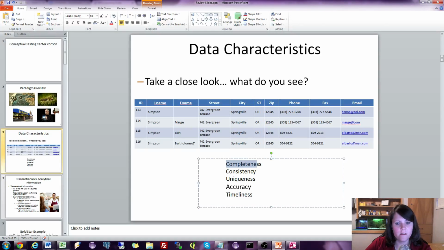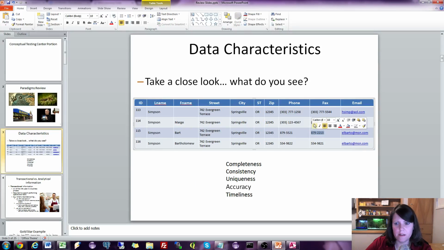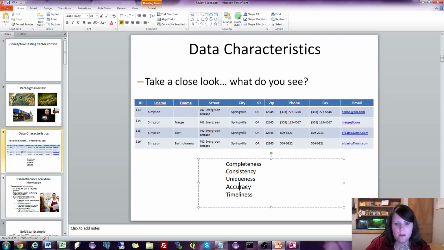We've got different ways of coding the fax and phone numbers, so we have an issue of consistency. We've got a Bartholomew and a Bart. It looks like we have a uniqueness issue, because if you look, you can see their email's the same, which indicates that they're probably the same person. So we're trying to store the same record twice, and we shouldn't be doing that.